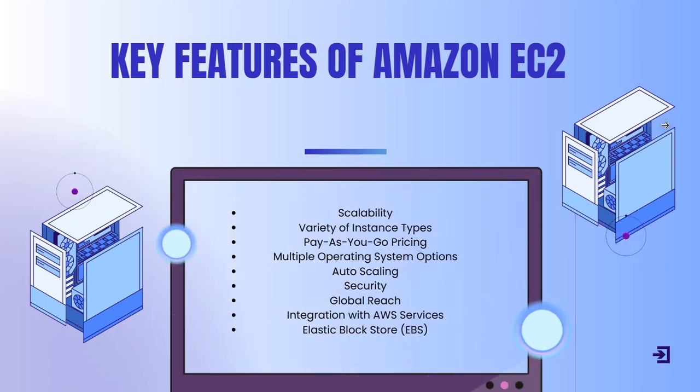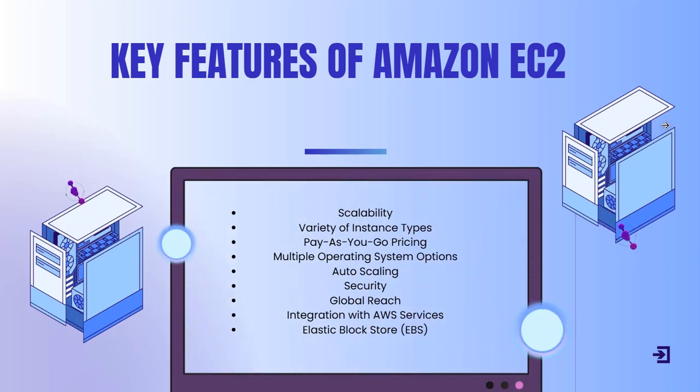The third one is pay as you go pricing. With EC2, you only pay for what you use, based on how long your instance runs. You can choose between the on demand payment option, reserved instances, and also spot instances to save more money.